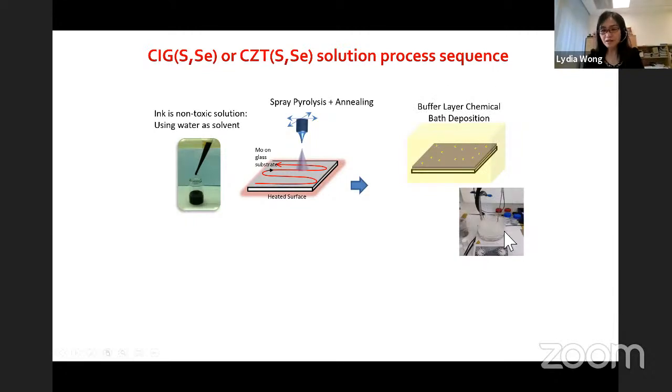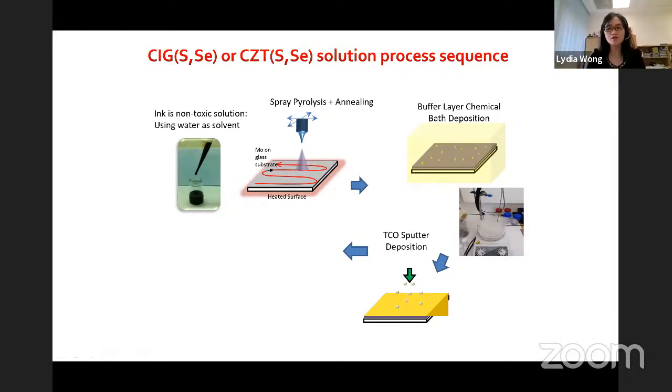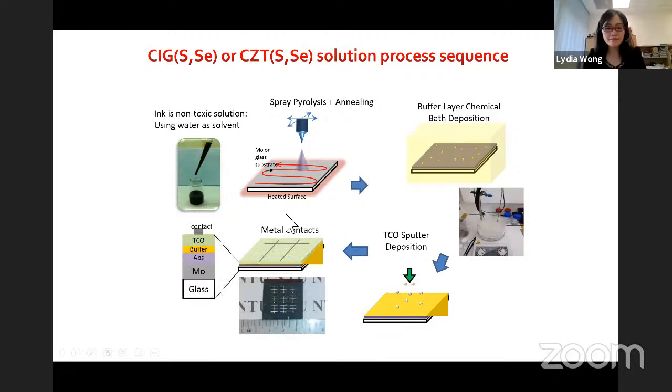I'm sure you can find this in your lab, a beaker and a hot plate. The only vacuum-based step we use is sputtering. I'm sure you also have a sputtering system. I think I remember I asked before, you have a sputtering system. And then the last contact is made using a thermal evaporator with a mask.